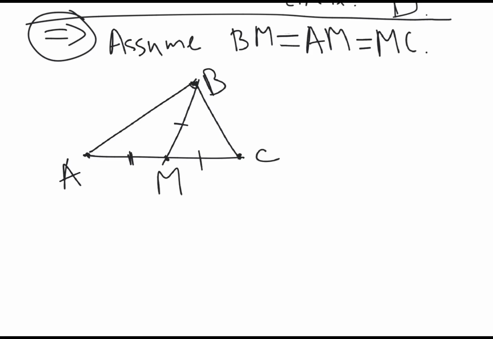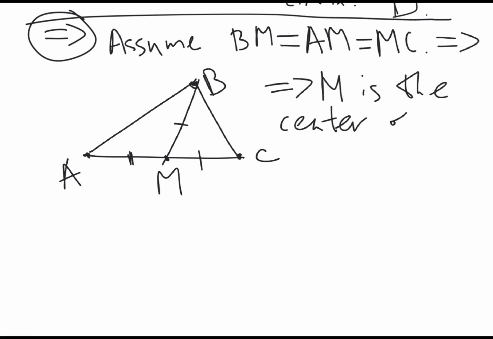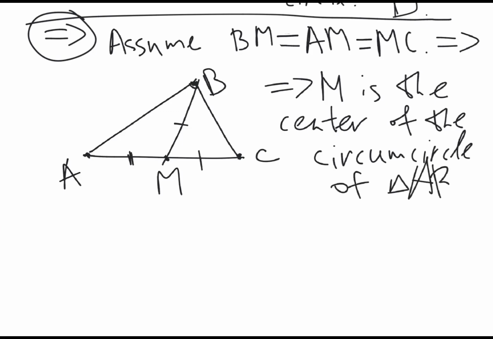By definition of the circumcircle, from this it follows that M is the center of the circumcircle of the triangle ABC, right? Because it's at equal distances from all three vertices of the triangle, and by definition that means that it's the center of the circumcircle.